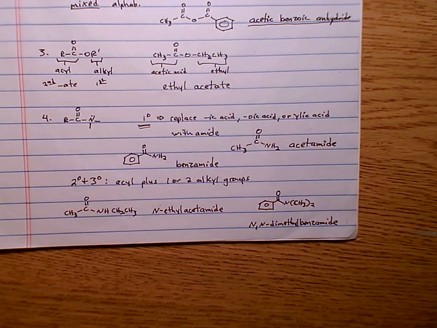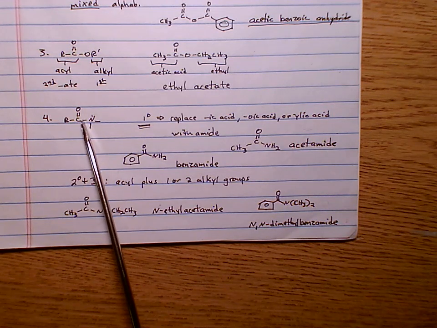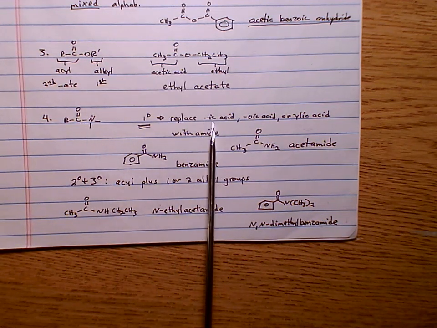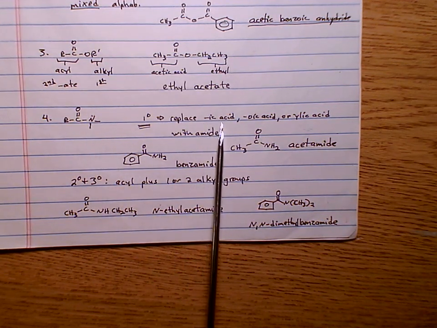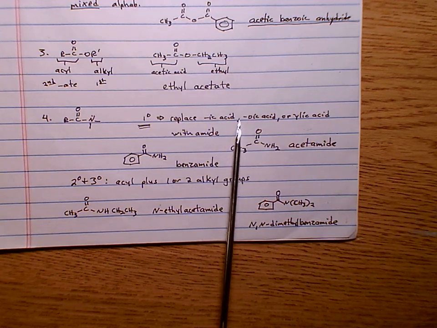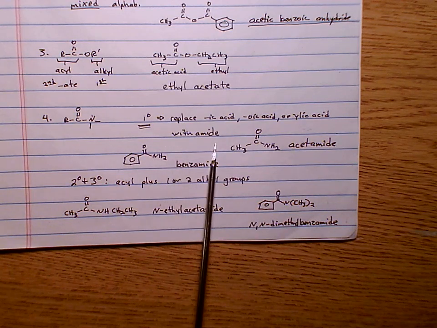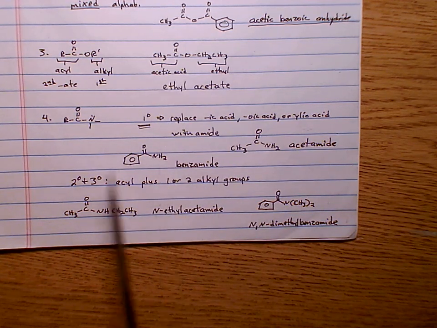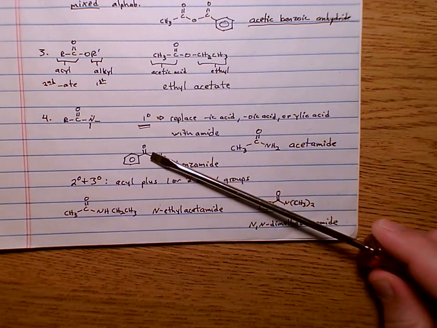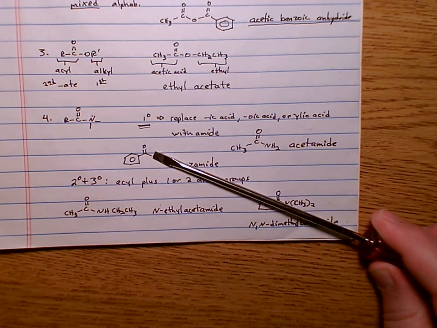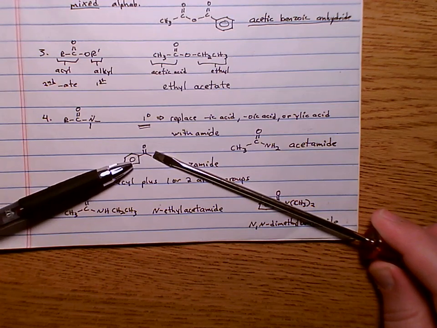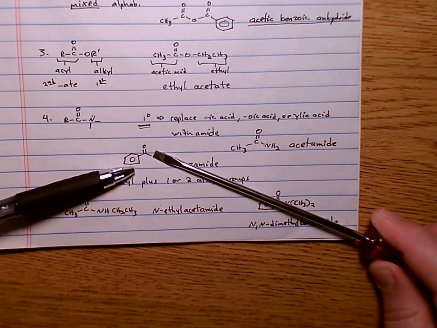Amides. Just like before, we're going to name it as if it's a carboxylic acid, but then we replace the "oic acid" or the "ic acid" just with the word amide. So if this part right here were a carboxylic acid, it would be benzoic acid.